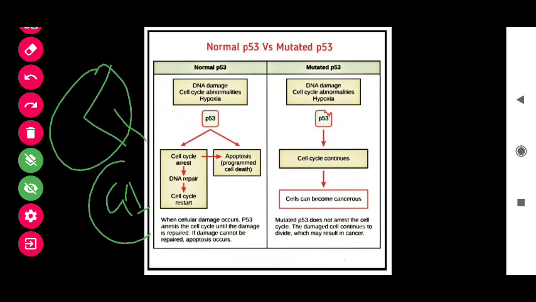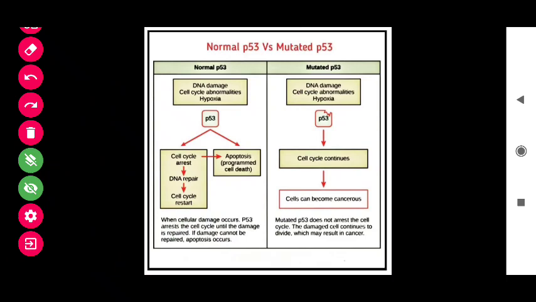If there is something wrong, or damage in the DNA, it arrests the cell cycle. Instead it says, "Go back, you cannot go from G1 to the S phase, because there is some damage or abnormality in the DNA.